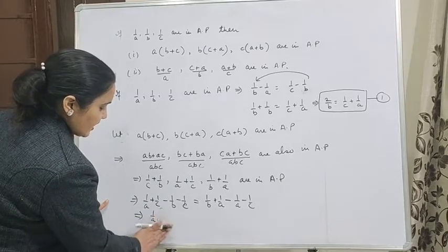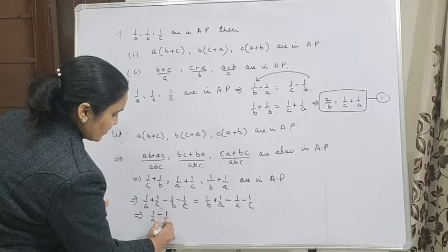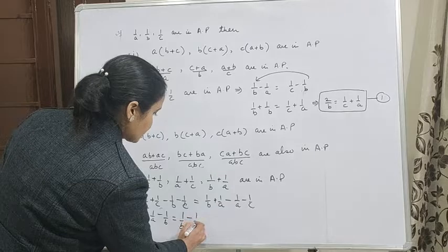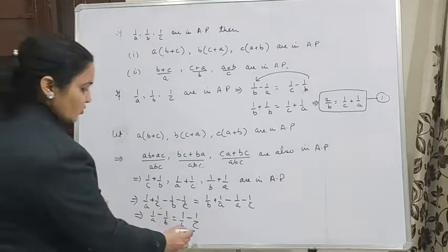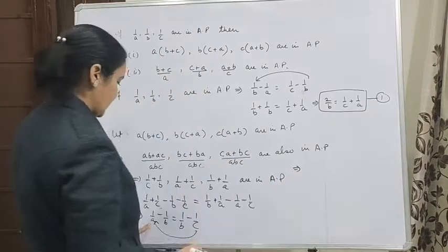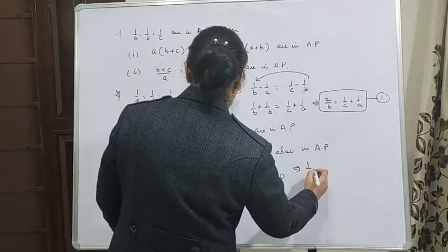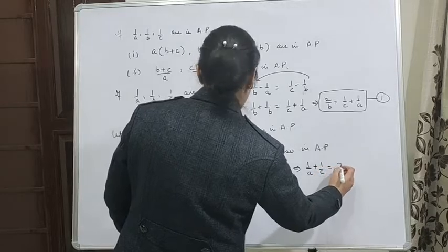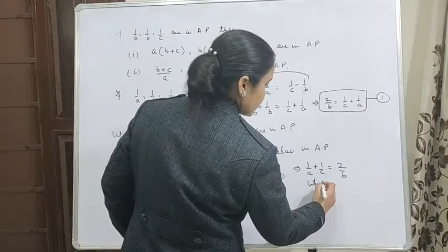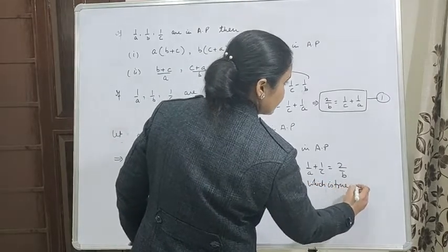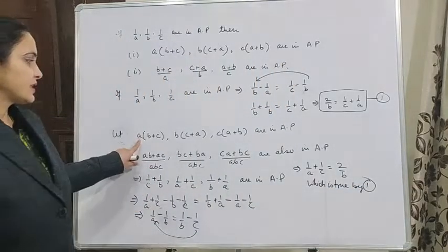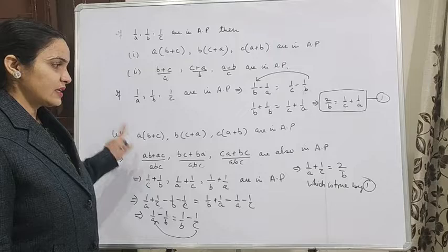So it is 1 upon A minus 1 upon B is equal to 1 upon B minus 1 upon C. So bring this here and take this B there. So this will imply 1 upon A plus 1 upon C is equal to 2 upon B, which is true. This is true by 1. So this will imply that these terms are in AP.